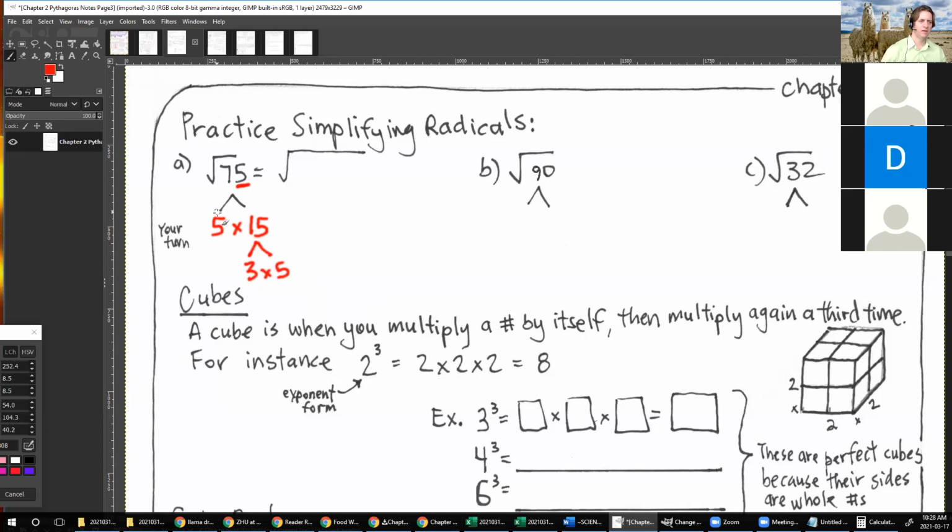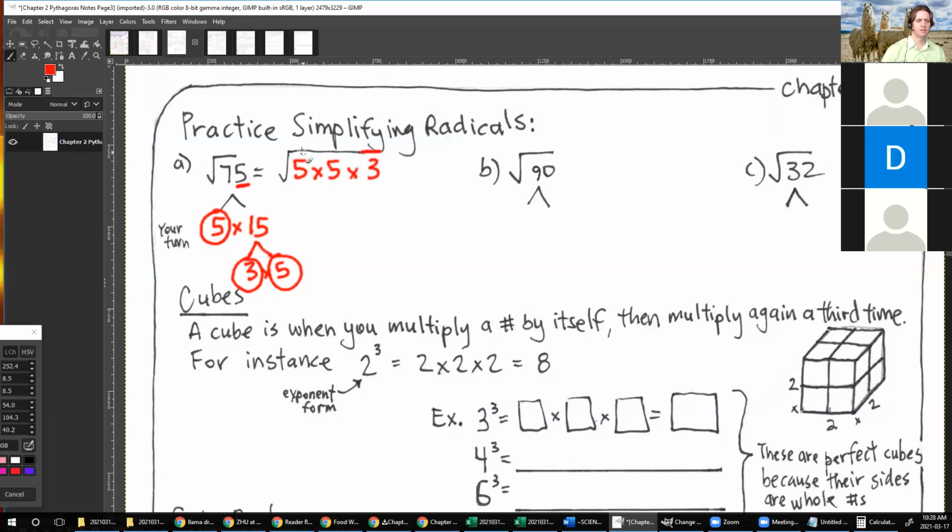Cool. Now that I'm here, I'm going to do my step 2, which is I'm going to circle the ends of all my branches. Step 3, I'm going to rewrite these in here. So the square root of 75 is the same thing as saying the square root of, and I'm just going to mix up the order a little bit just to make it a bit easier for me. Square root of 75 is the same thing as the square root of 5 times 5 times 3.